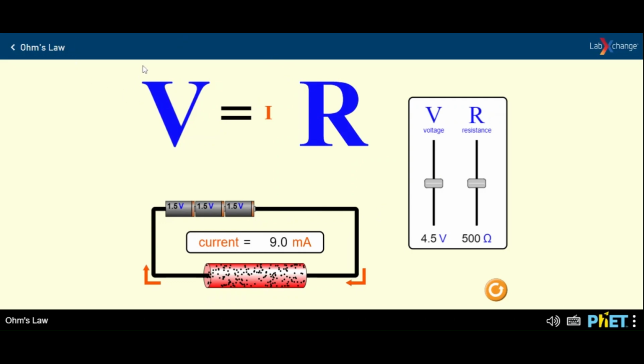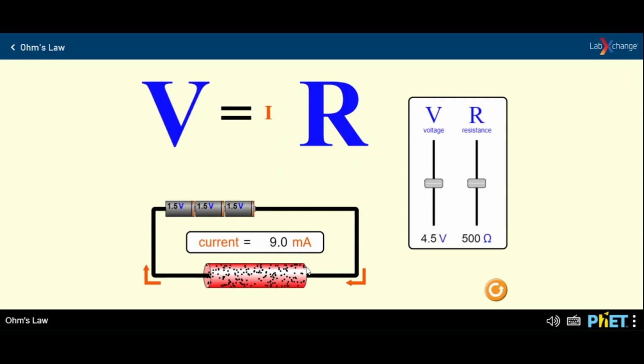And I also want you to check the formula here. What happens to these variables, the letters V, I, and R, when I'm varying the voltage and resistance? It's a good picture for us to observe and just to have a visual of this formula, a very important topic in physics.